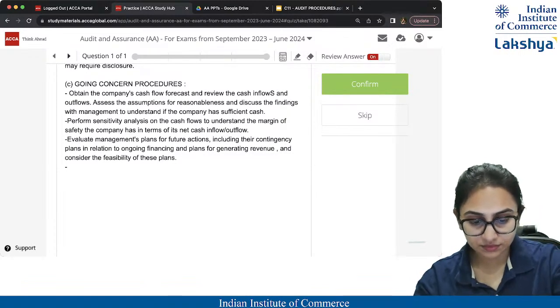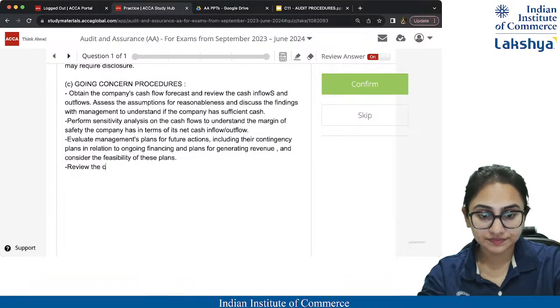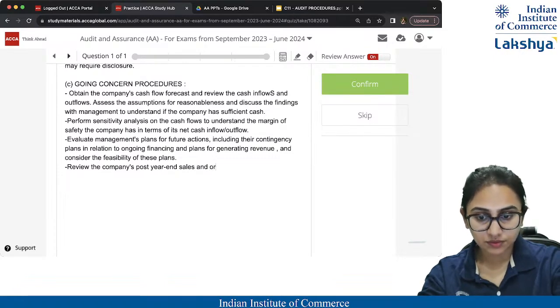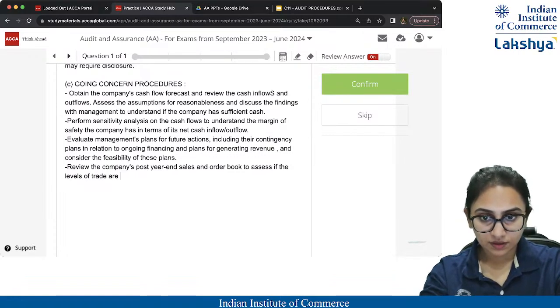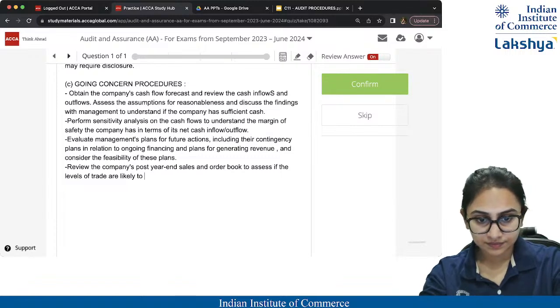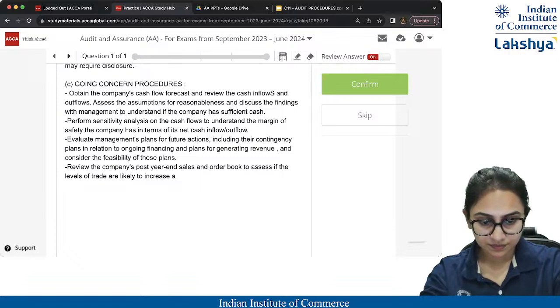So review the company's post year-end sales and order book to assess if the levels of trade are likely to increase and if the revenue figures in the cash flow forecast are reasonable.